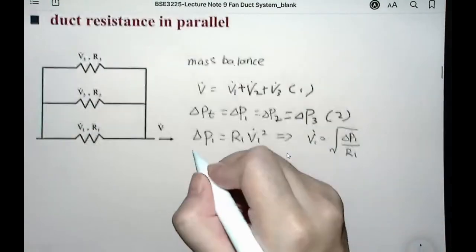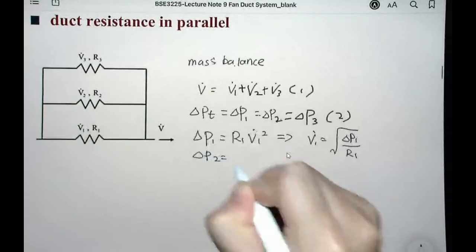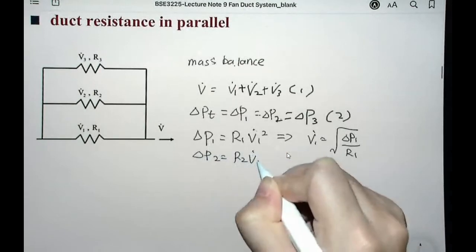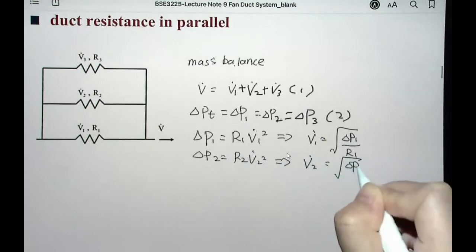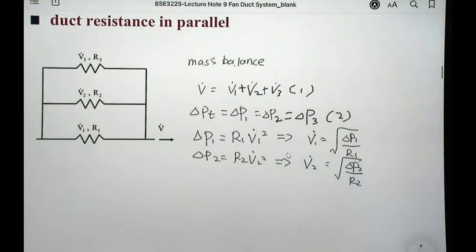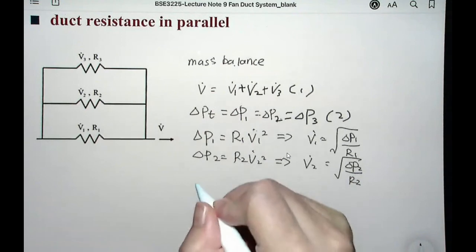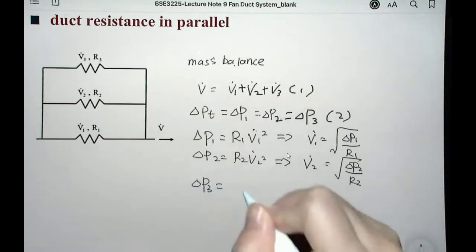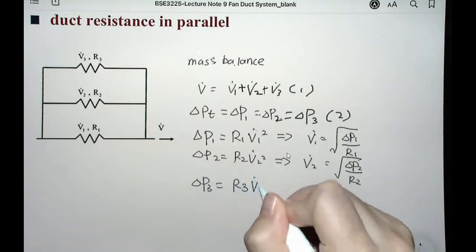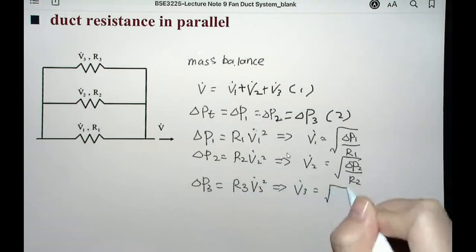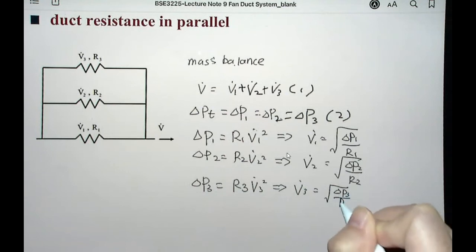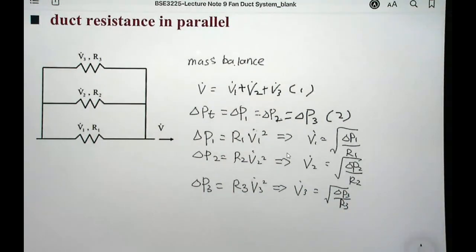We do the same for delta P2. So V dot 2 can be expressed with delta P2 and R2, and delta P3 is the same, so V dot 3 equals the square root of delta P3 divided by R3.